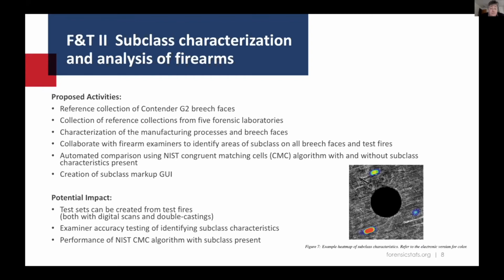Like I said, this is for proficiency tests and accuracy testing in terms of identifying subclass characteristics for firearms examiners, and the same holds true for algorithms: come up with an assessment of the performance and accuracy of these automatic matching routines.